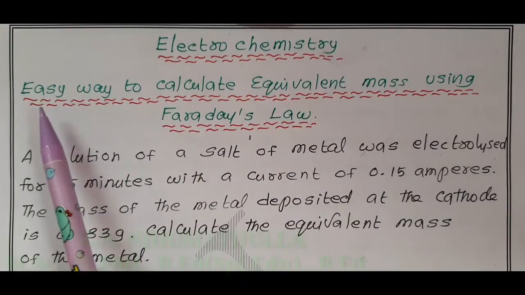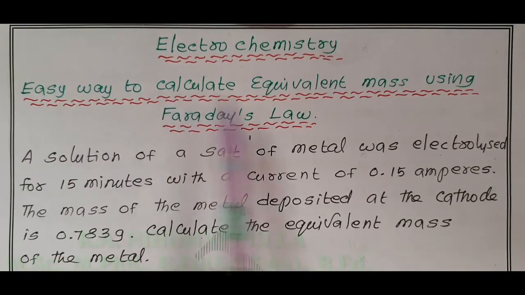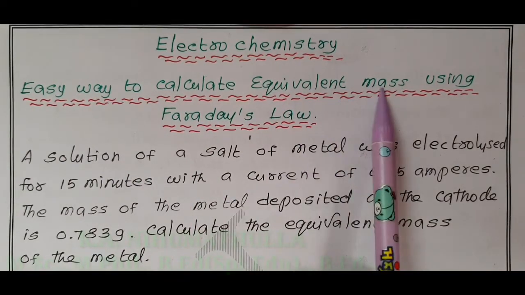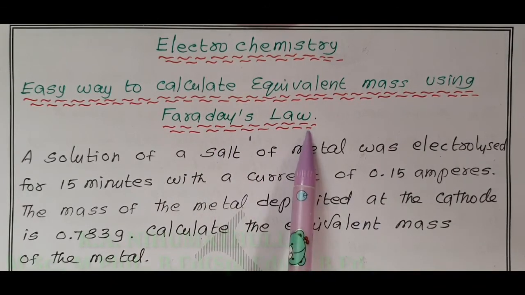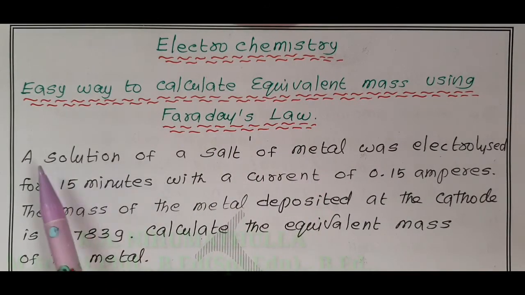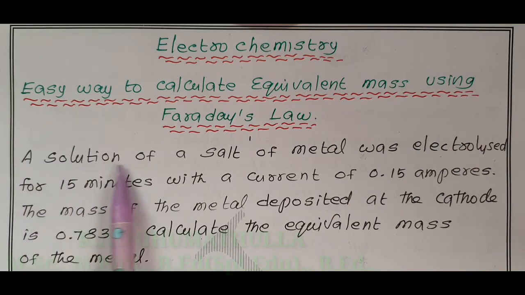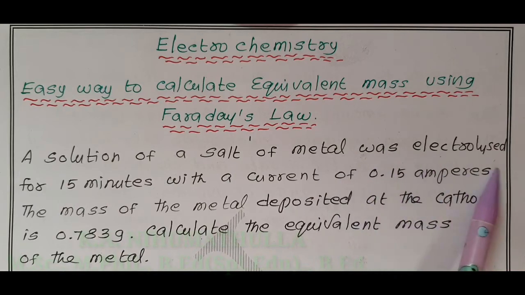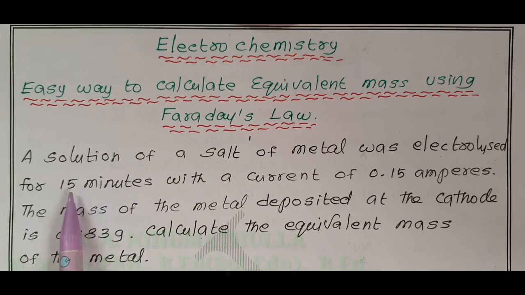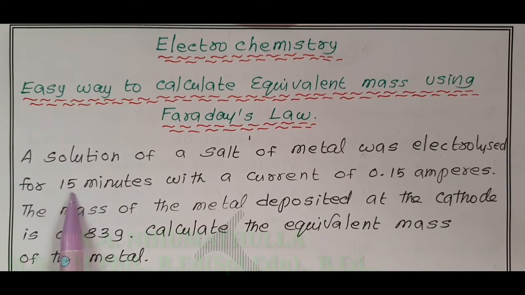Electrochemistry: an easy way to calculate equivalent mass using Faraday's law, especially Faraday's first law. The problem given is a solution of a salt of a metal was electrolyzed for 15 minutes. If this time changes, our answer also changes.